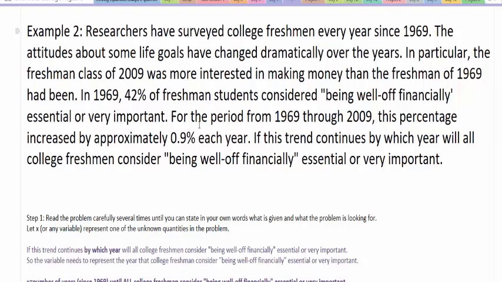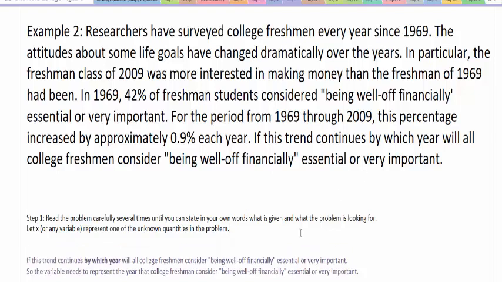For the period from 1969 to 2009, this percentage increased by approximately 0.9% each year. If this trend continues, by which year will all college freshmen consider being well off financially essential or very important?